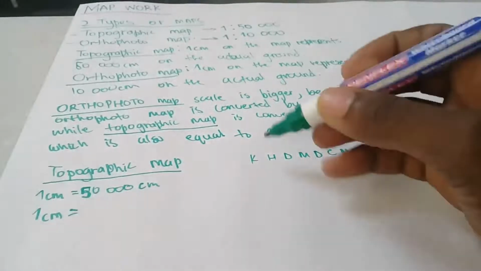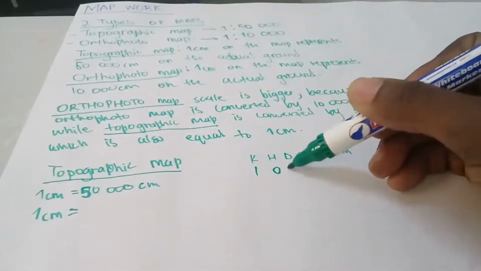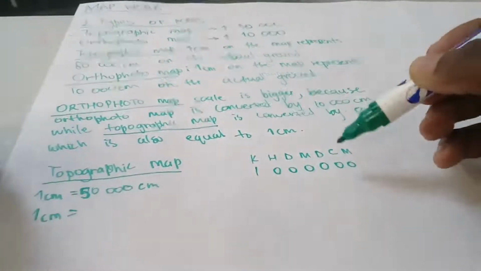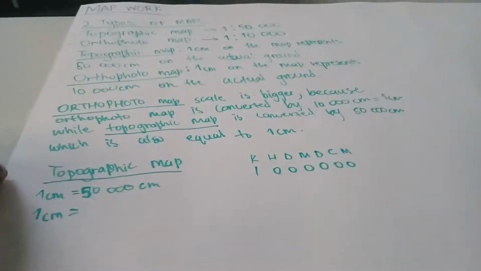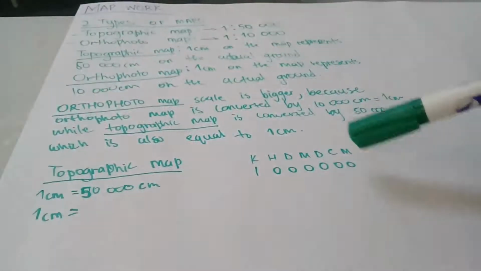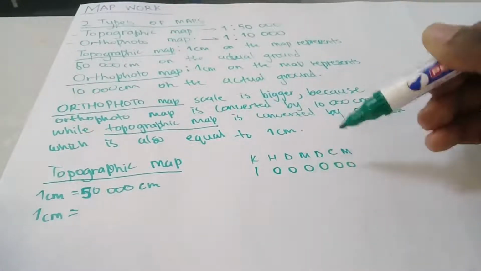Let's say we have 1 million here. I was saying in order for you to convert centimeters to meters, you have to multiply by, as you can see, we want to take meters to centimeters.